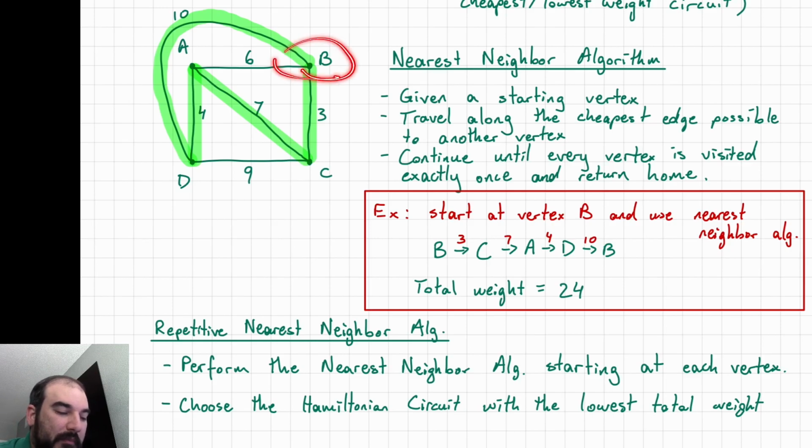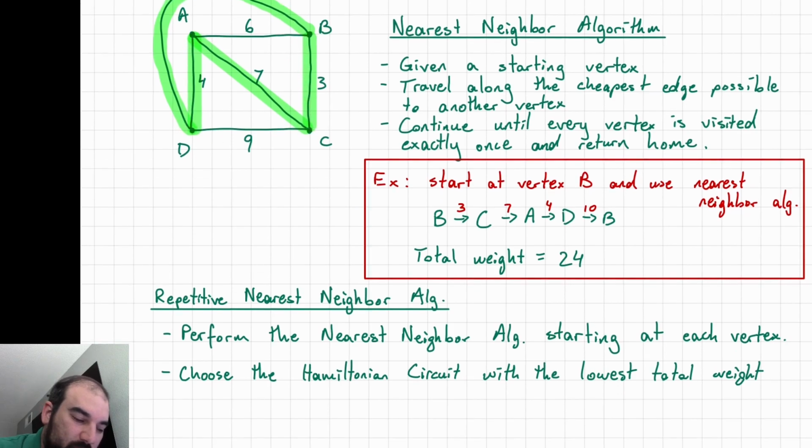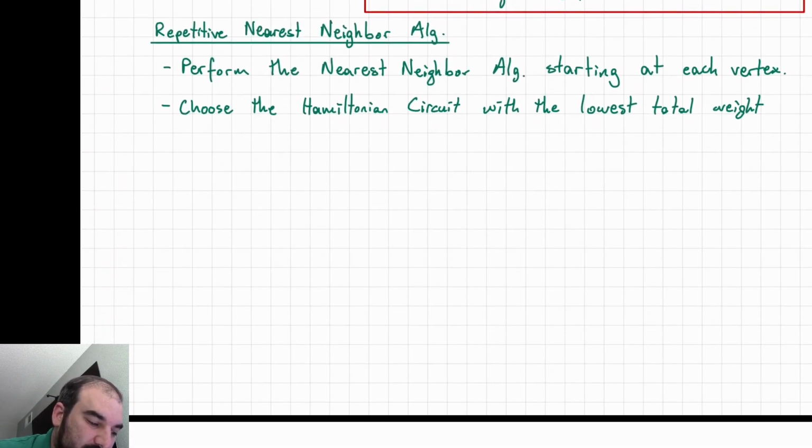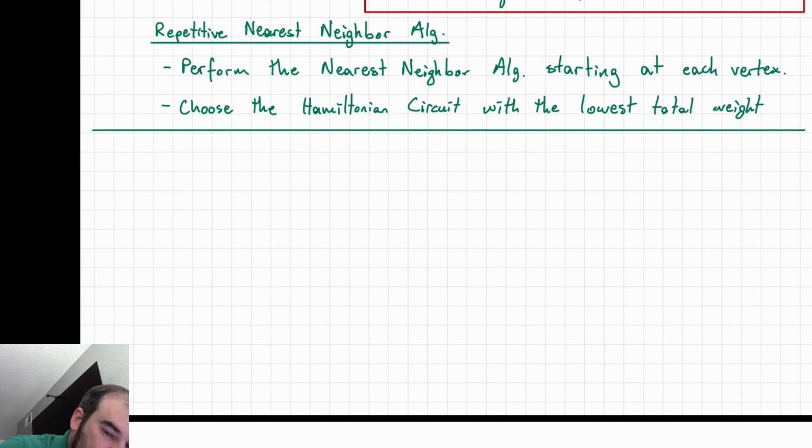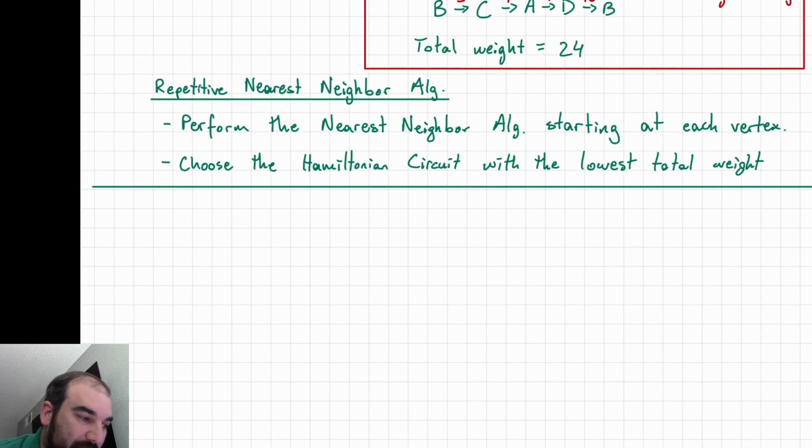As long as you don't start at B, you get the same going around the box, which is the cheapest Hamiltonian circuit in that picture. Okay, that covers everything that has to do with the nearest neighbor algorithm, whether it's the one where the starting vertex is given to you or the repetitive version where you have to do it for every vertex.